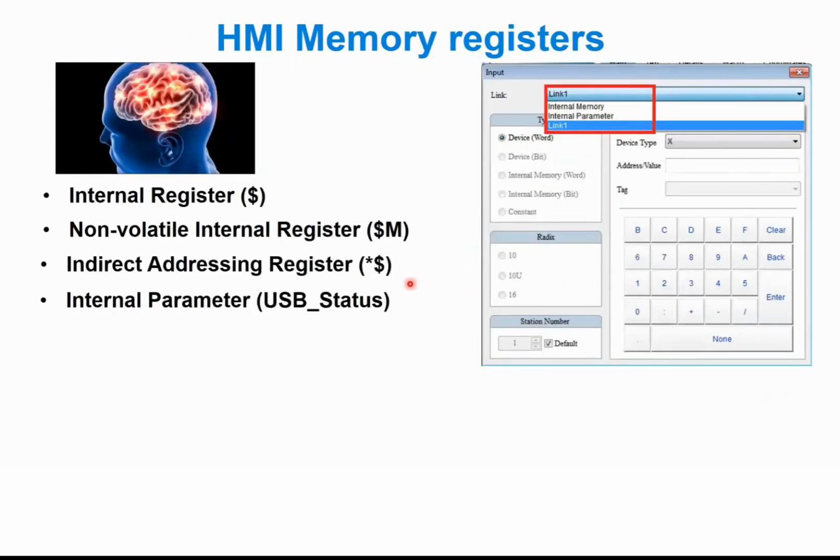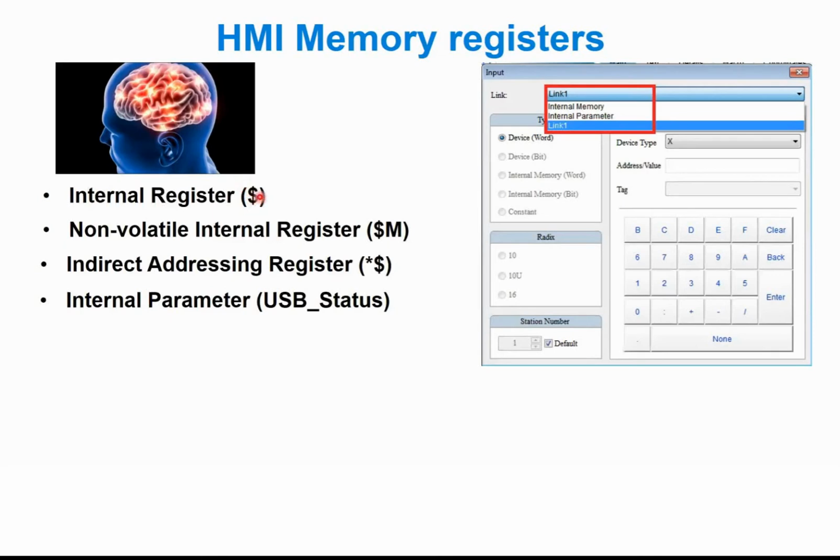Why is it very easy to program the HMI? It is easy because the HMI itself has memory. One of the registers is denoted with the symbol $. Maybe other manufacturers, Siemens or Rockwell or ABB, give their own signs, but the symbol for one of the word registers in our HMI is $. We will see later that if you want to choose the internal memory, you will see this inside the HMI software.